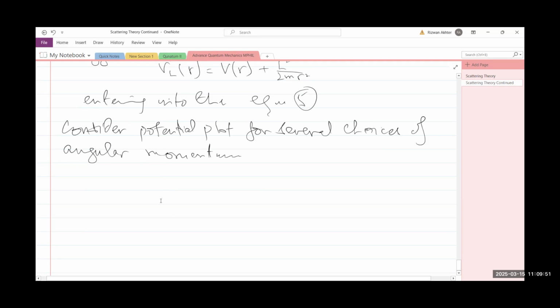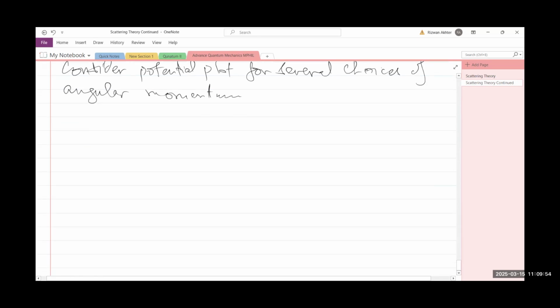So that could be something like this. We have on the y-axis some potential VL, and on the x-axis the distance, let's say R. So we can think about the energy. Let me draw this and then I'll explain.